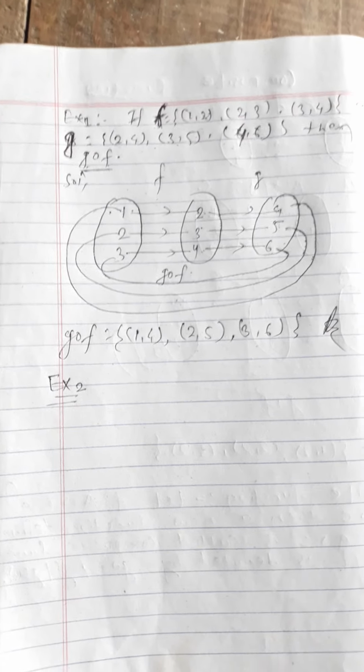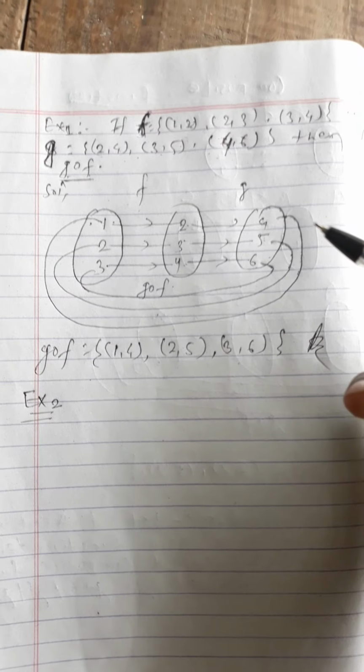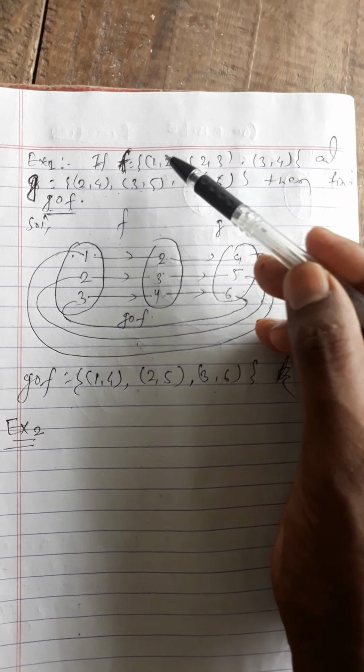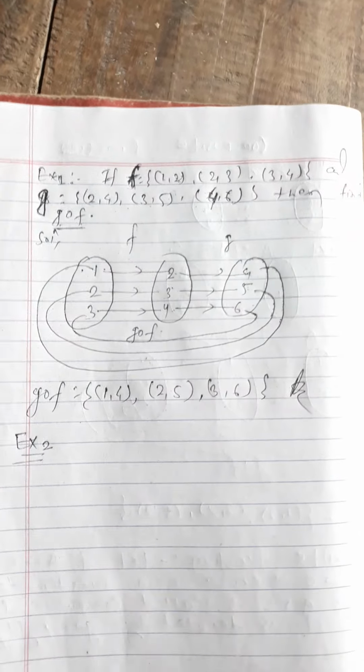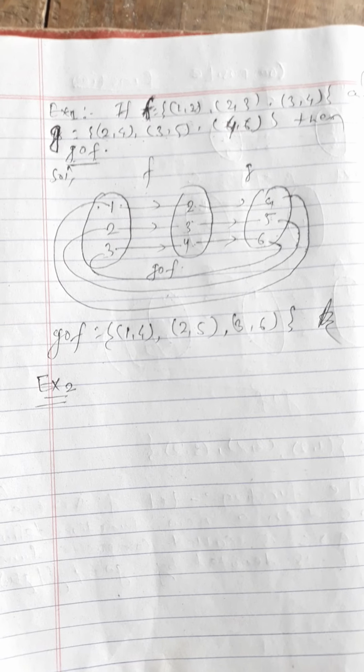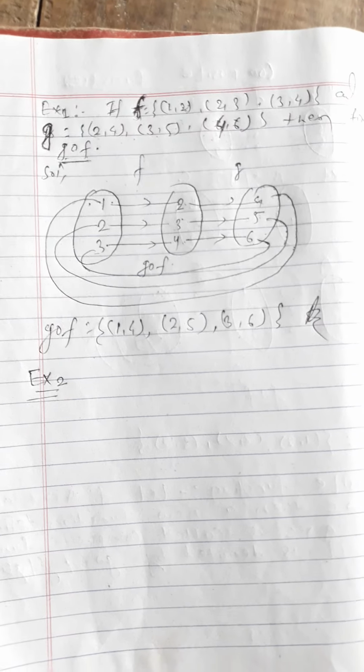Exactly in example number 2, which type of questions occur? There are three variables: f, g and g operation f. Among them any two will be given, and you have to find the remaining one.